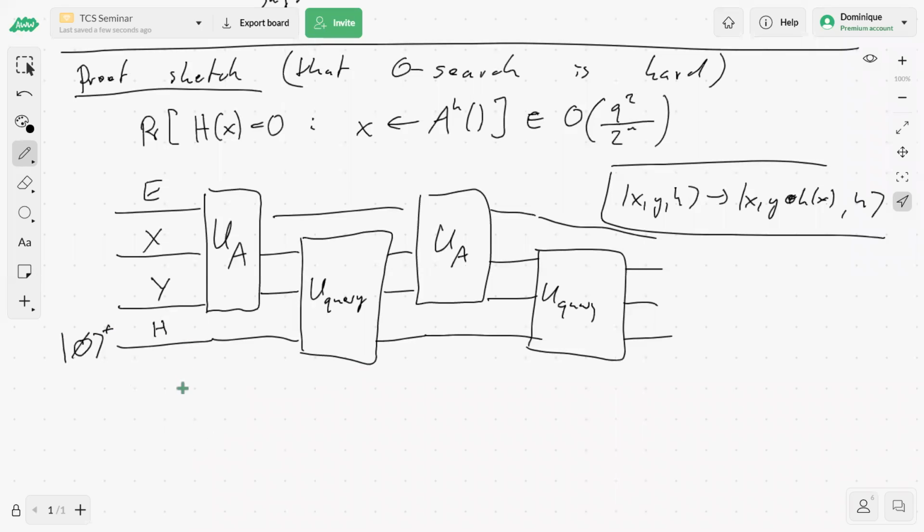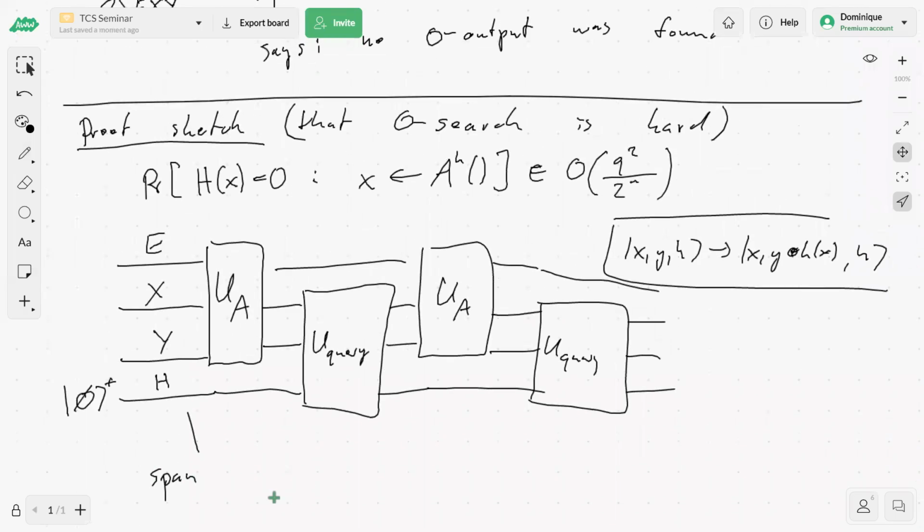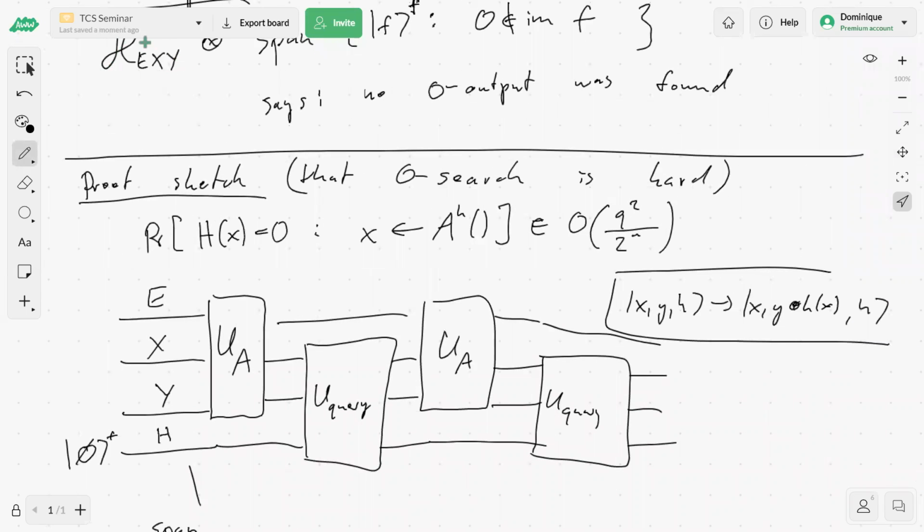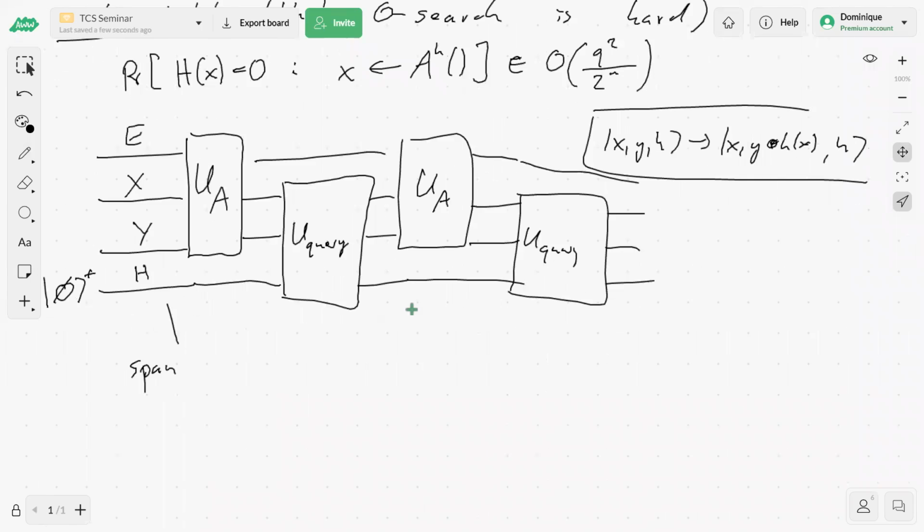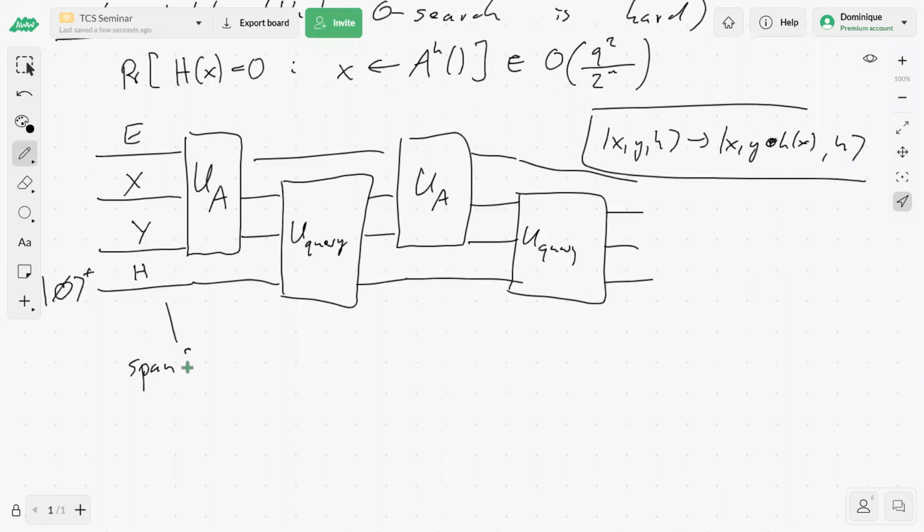So in particular, this is in the span of all F's such that 0 is not in the image of F. I will omit this HEXY always just to keep things shorter, but formally it's always there.